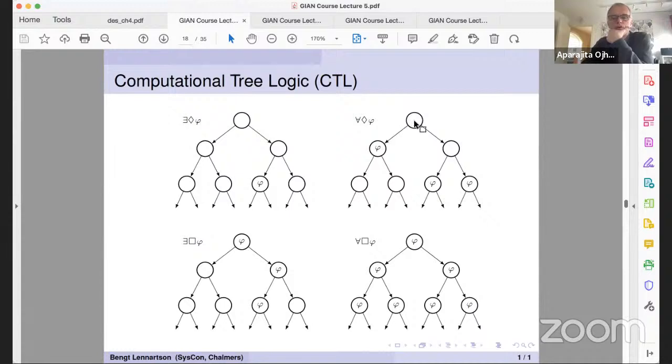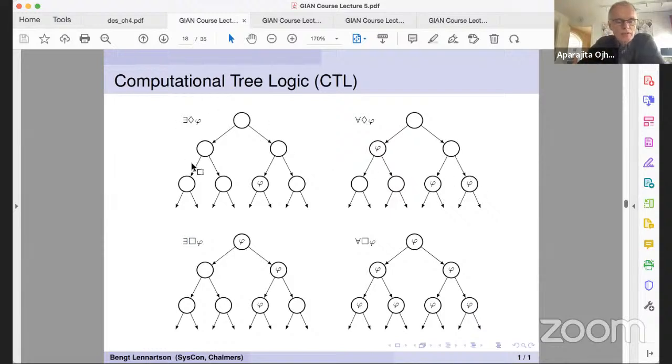And in this case, when you start at the initial state, you find that in every trace you go down here, you see that eventually you get the phi. Here, already after the first step, here after two steps, you get the phi.